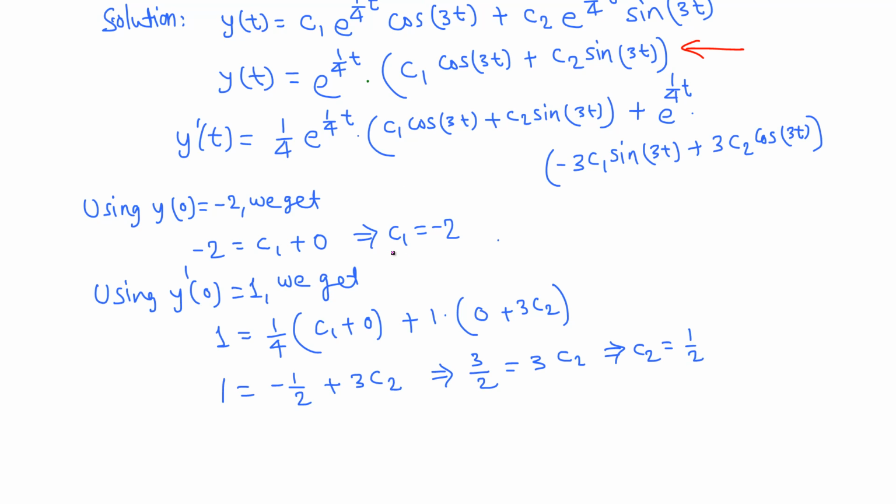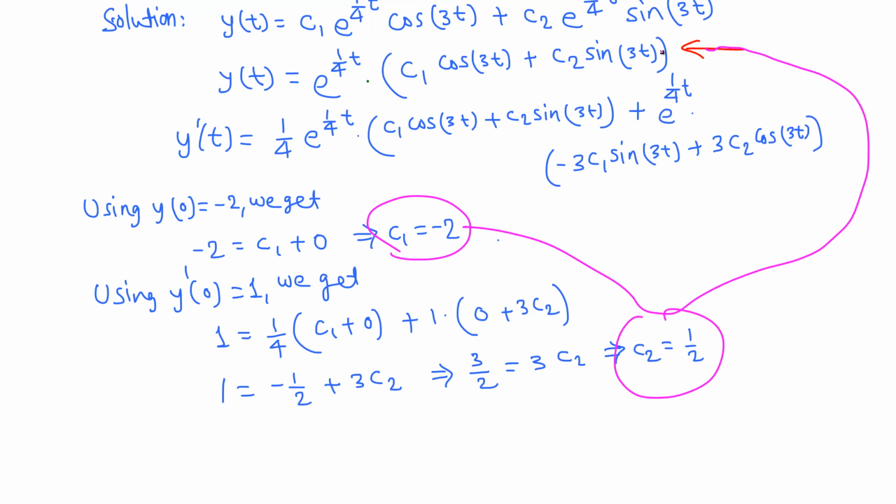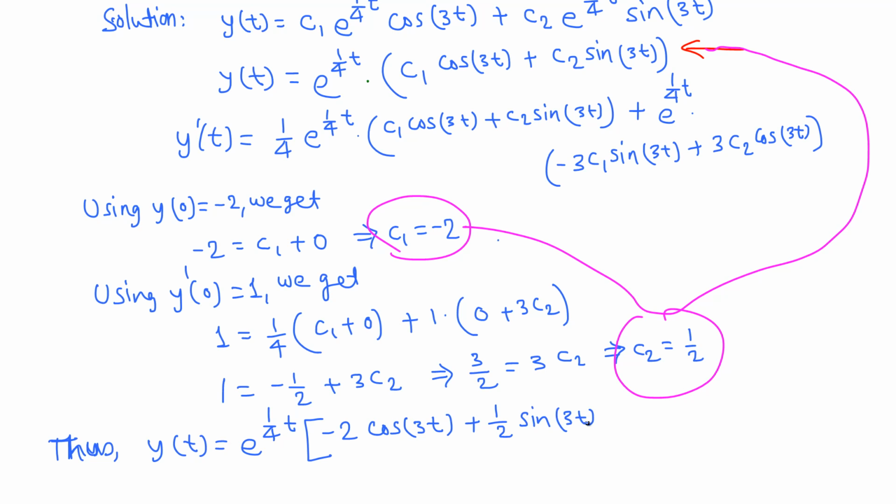Now we have c1 and c2, just plug this back here and write the final answer. So thus y is given by e raised to 1/4 t times c1, which is -2 cosine 3t, plus c2, c2 is 1/2 sine 3t. Final.